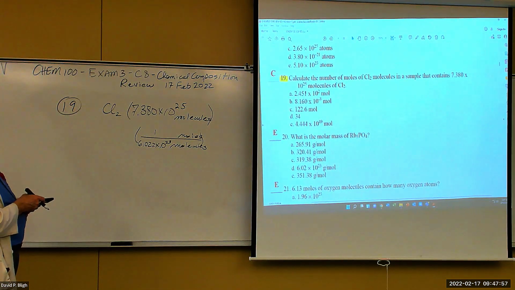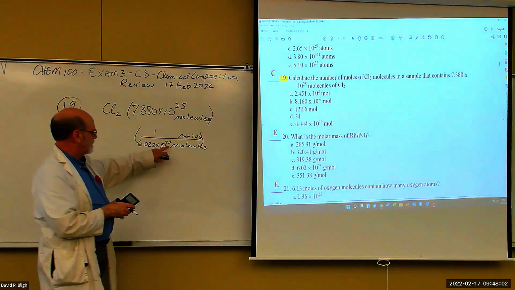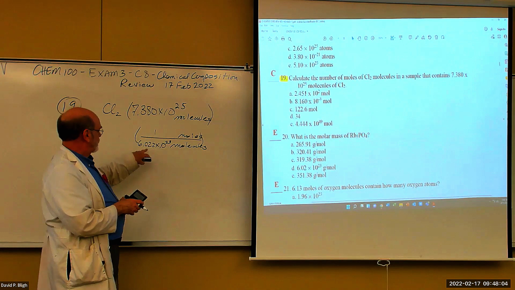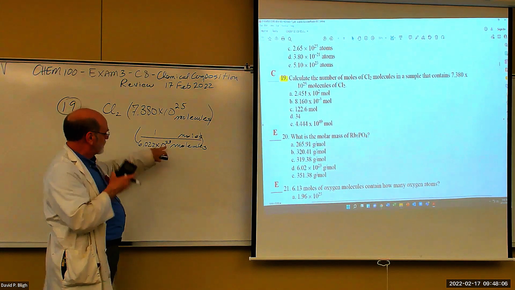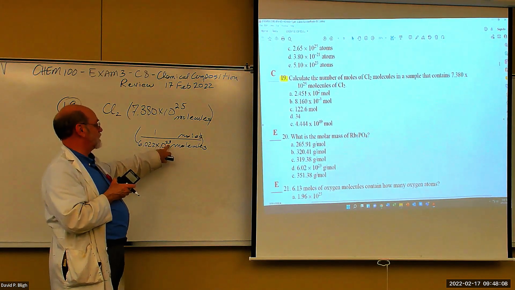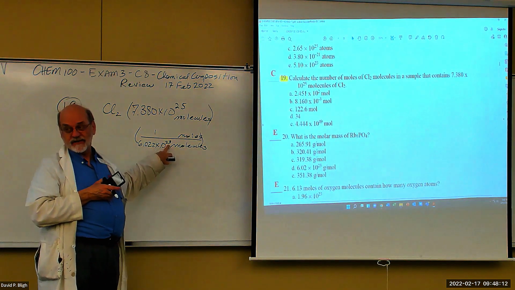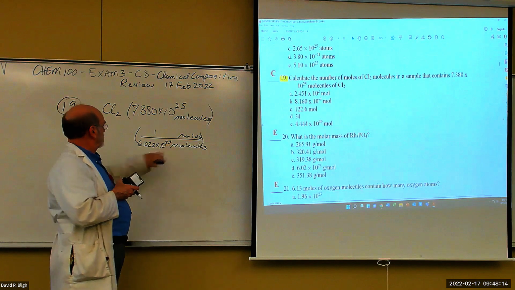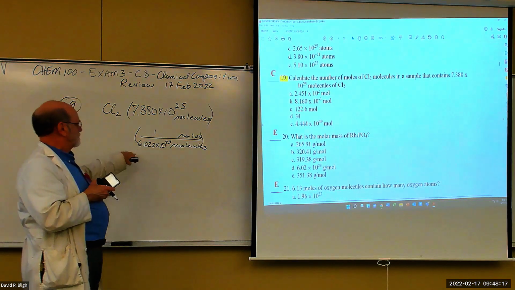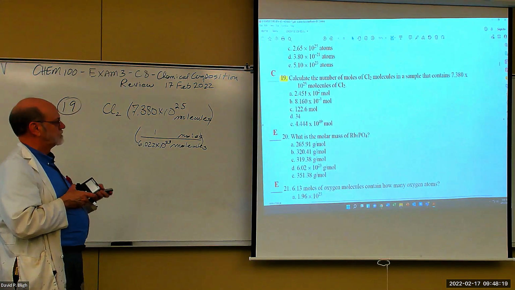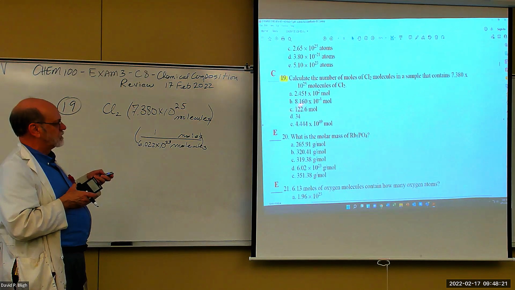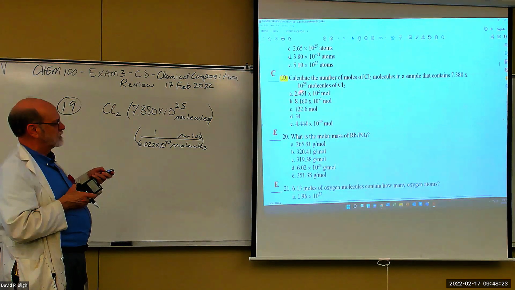Well, let's see. Can I reason this one? This would be a little over 1, but that would be times 100, right? 23 subtracted from 25 is 10 squared. So it'd be about 100. Probably this one. See that one?